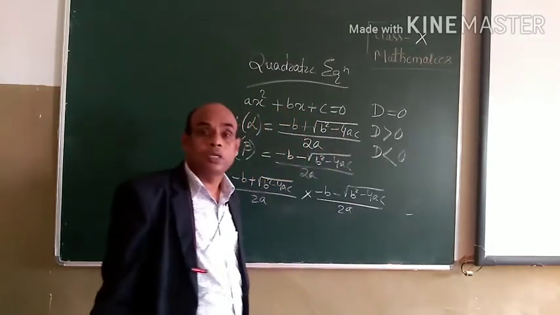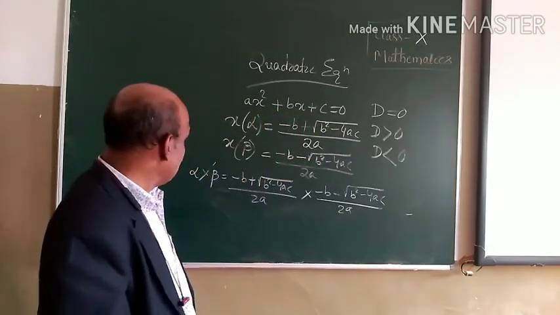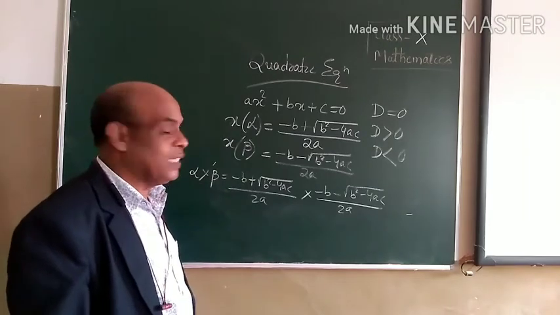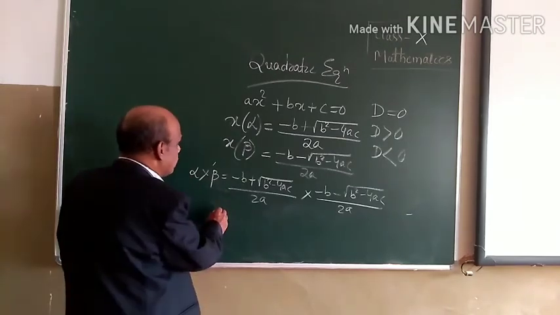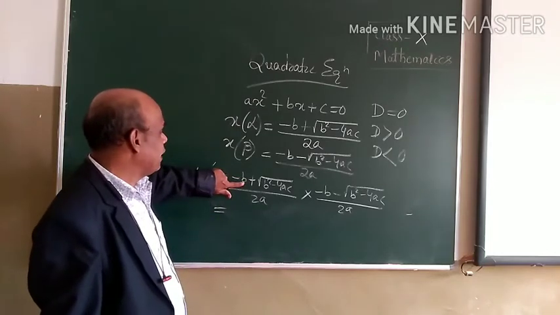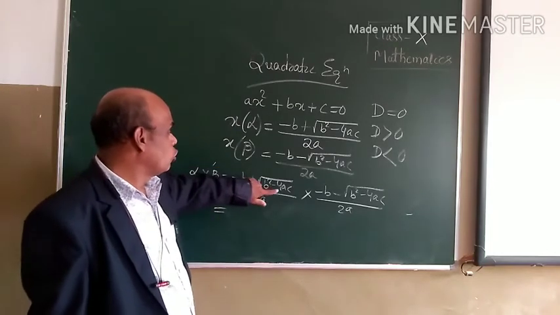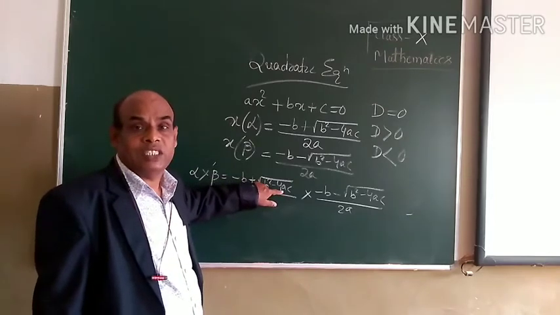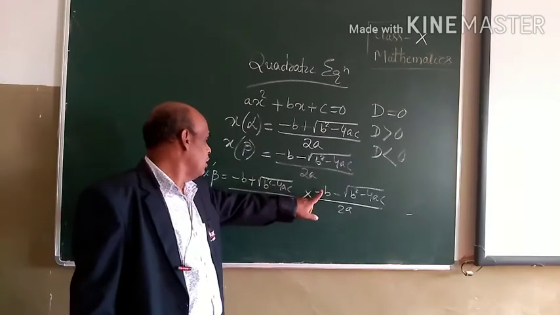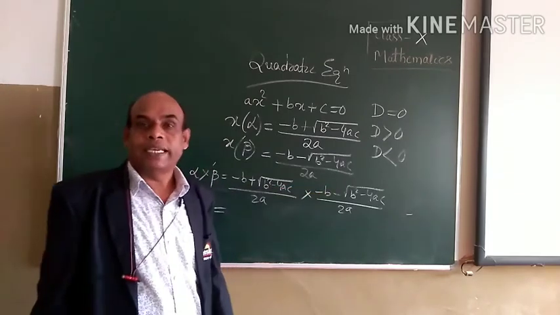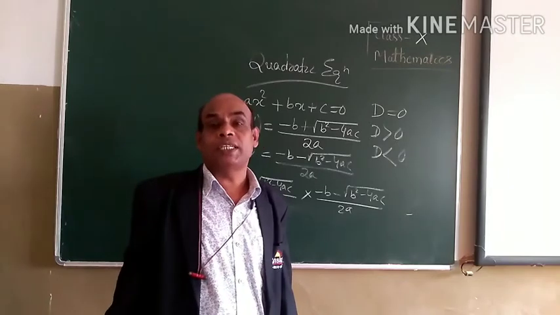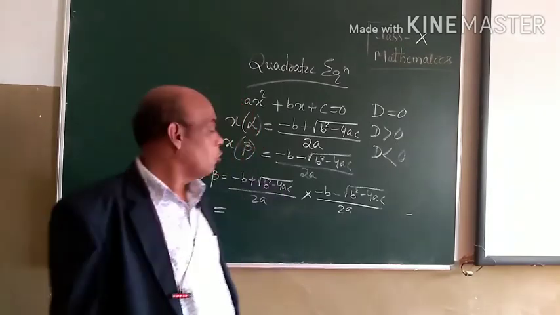I have just put the values in the alpha place and beta place. Suppose minus b is x and root of b square minus 4ac is y. Then you get x plus y, and here x minus y. So x plus y into x minus y.